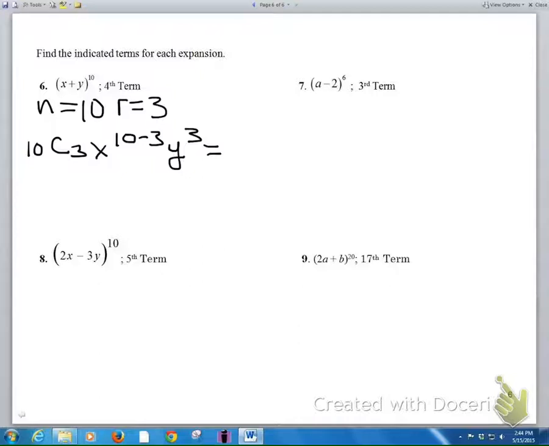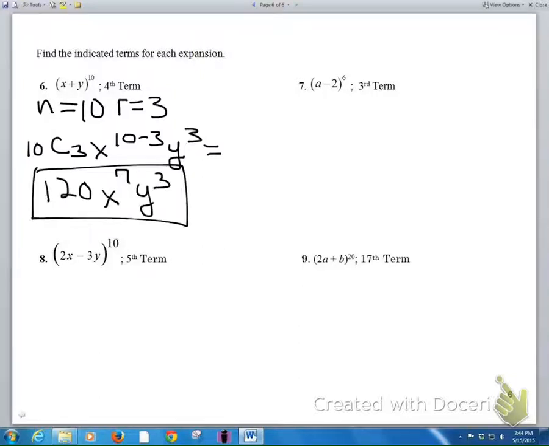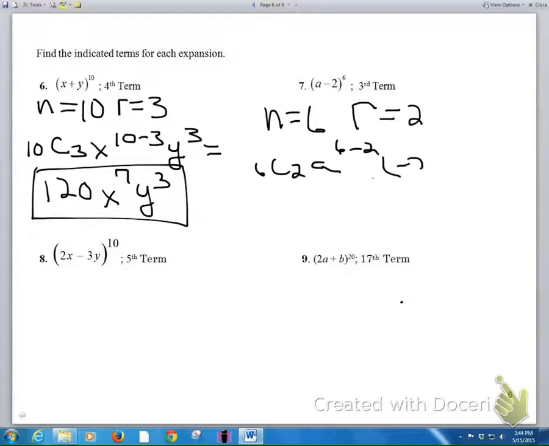So take your calculator, find 10C3, and there you go. Then a minus 2 to the 6. This time we're going to use it as negative 2 because we don't know whether the term's positive or negative. So again, n is 6 and r is 2.